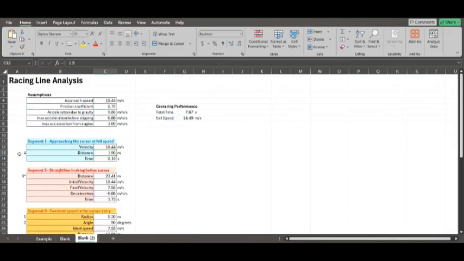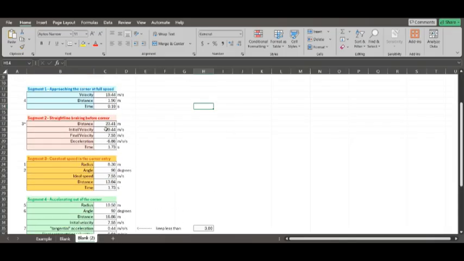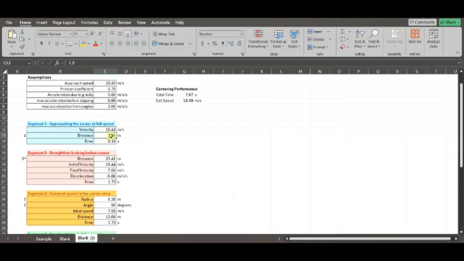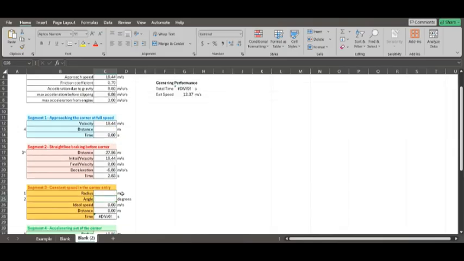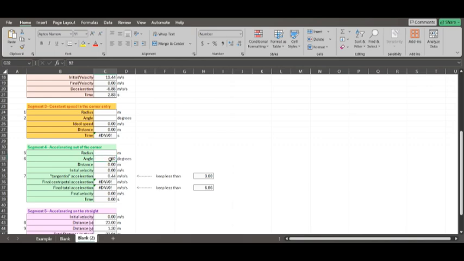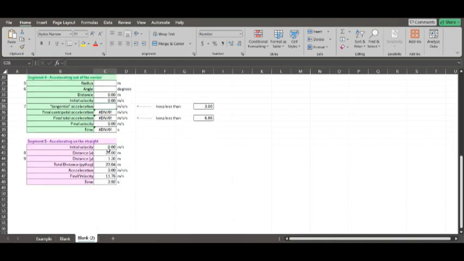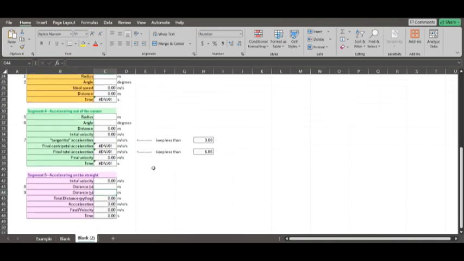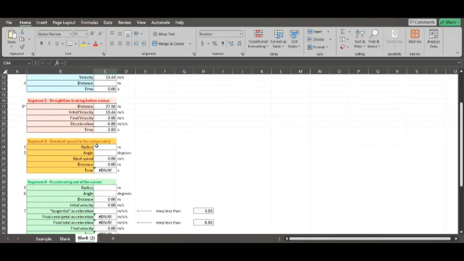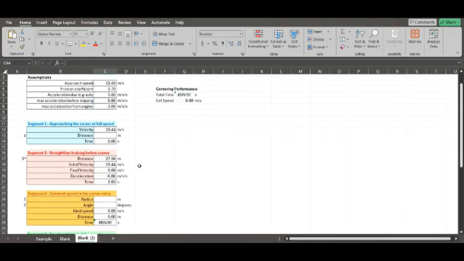See the ones with numbers next to them? Or actually not the ones with numbers, all of these ones here that aren't coloured. From segment 1 down, just delete that one. See, they're not shaded. Delete those. Delete, delete, delete, delete, delete. Okay, and repopulate those using what you think is the ideal racing line. Okay, see how you go.